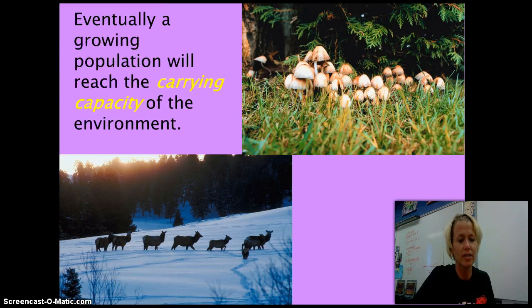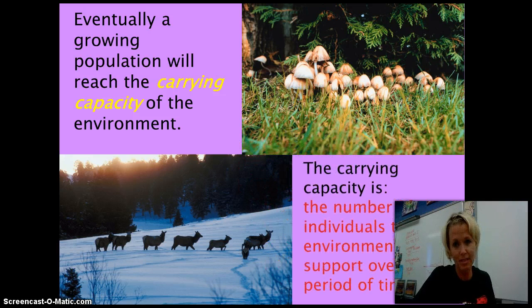So like we said, eventually every growing population is going to reach its maximum, which we call the carrying capacity of an environment. So here's your definition. Carrying capacity is the number of individuals the environment can support over a long period of time.